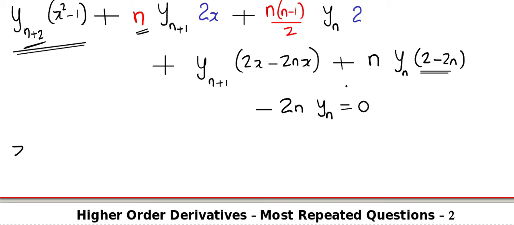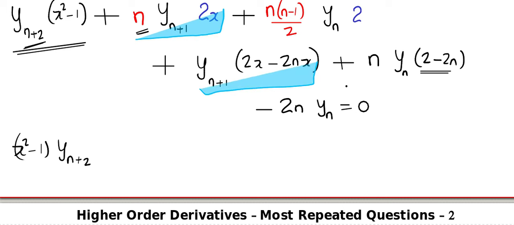Okay, now the last part is very easy. You write the terms along with yn plus 2, and then comes yn plus 1. Here we have yn plus 1, so two terms. So let's combine, and we can see that we have so many things in common.